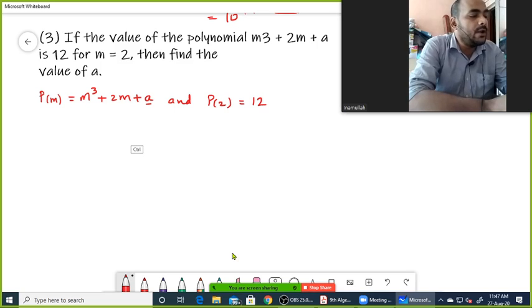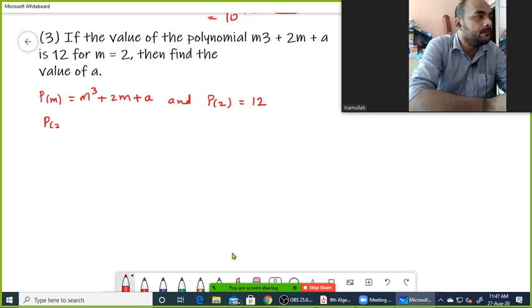So what I'll do, I'll substitute 2 in the place of m, for p2. Here we have m cube, that is 2 cube, plus 2m, that is 2 into 2, plus a, and this p2 is actually 12.